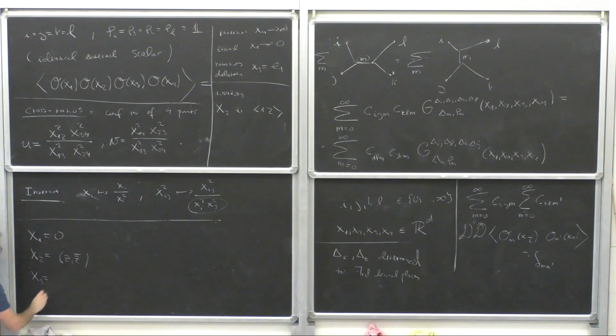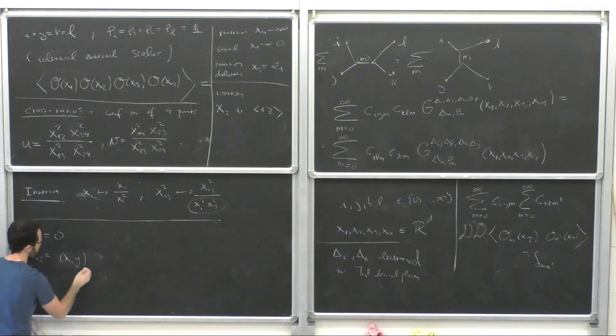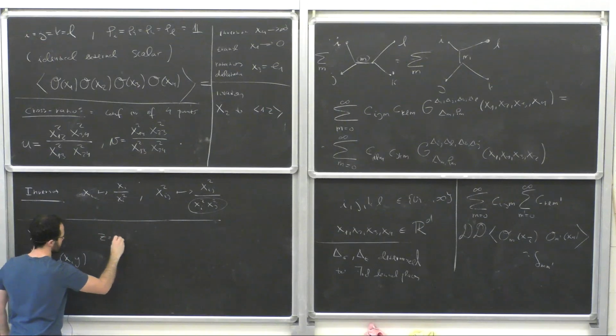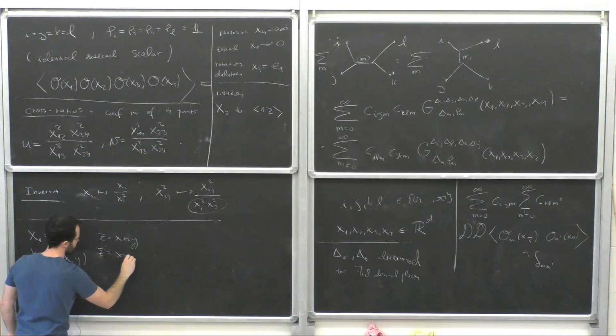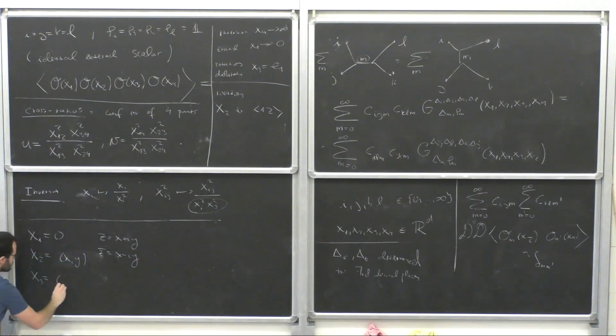Sorry, let's call the coordinates x and y. And let's say that z is x plus iy, and z bar is x minus iy. Then in this 2-dimensional plane, x3 is at (1, 0), and x4 is at infinity.